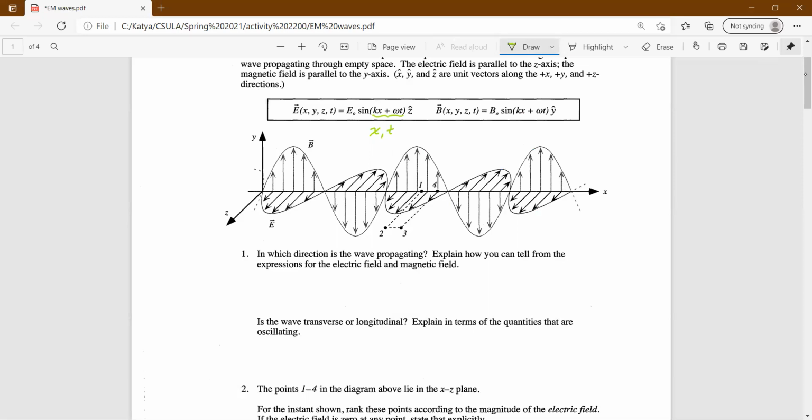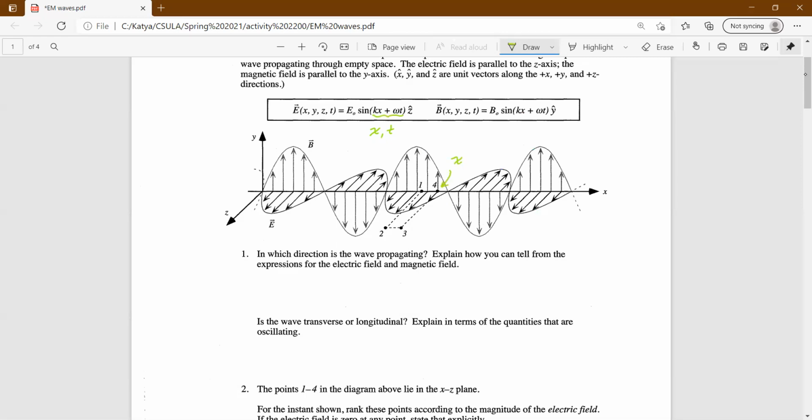For example, you see point 1, it has a certain, well, let's consider point 4 actually. 1 is a little bit off the vector which is drawn over here. You see point 4 over here, it has a magnetic field vector going up along the y-axis and an electric field vector going horizontal along the z-axis, right? So these two vectors are sitting at point x, whatever the x coordinate of this point is.